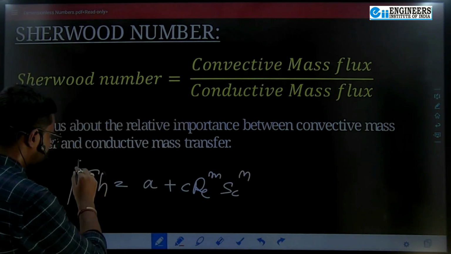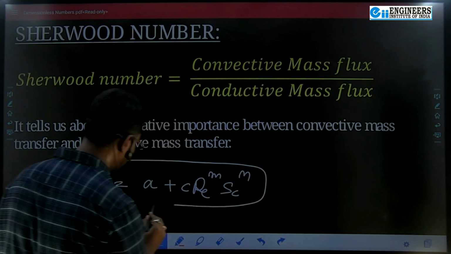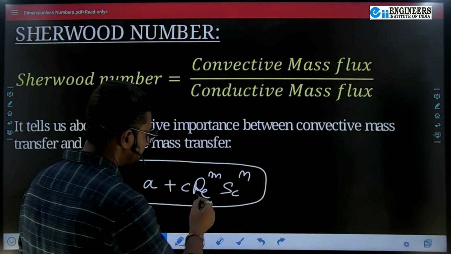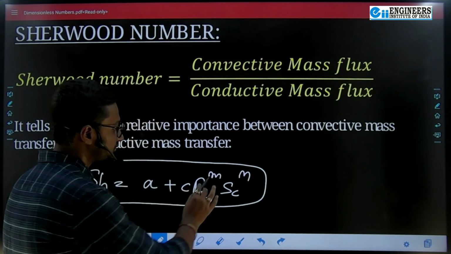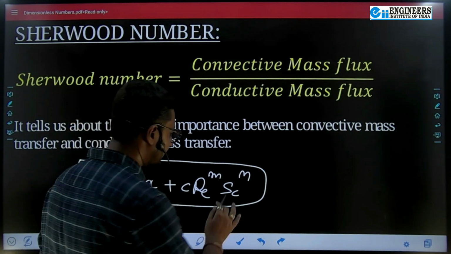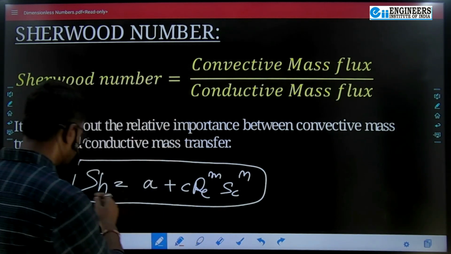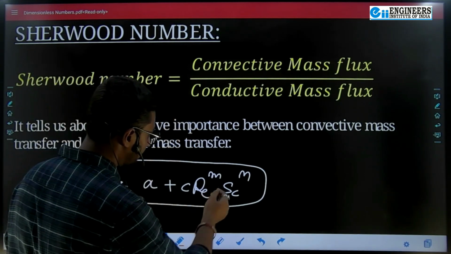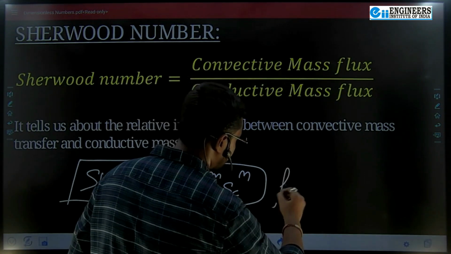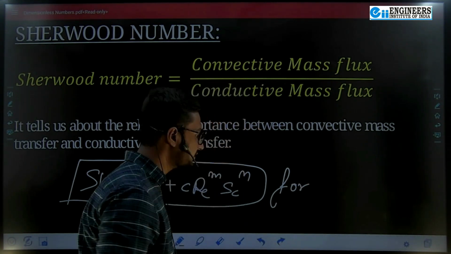This is the mathematical formulation of our Sherwood number generally for a system. A is constant, C is constant, m and n both are constant. Re represents Reynolds number and Sc represents Schmidt number.